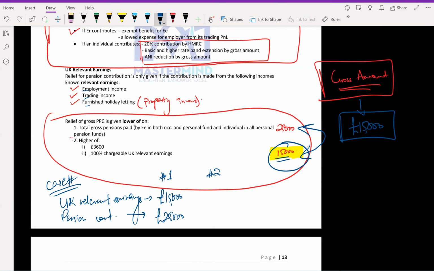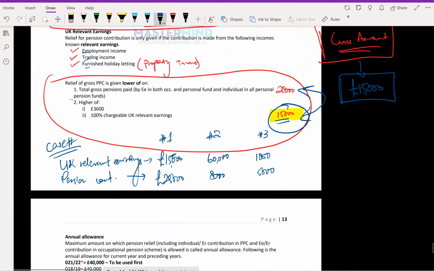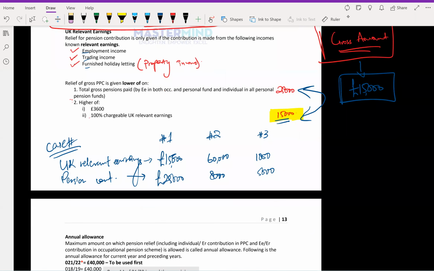Number two, let's make this 60,000 and 8,000. Number three, let's make this 1,000 and 5,000. Okay. So just with the knowledge that you just got, try working out these examples and see what answers you get for the amount of relief. Amount of relief is basically the gross amount. Okay. Try this.